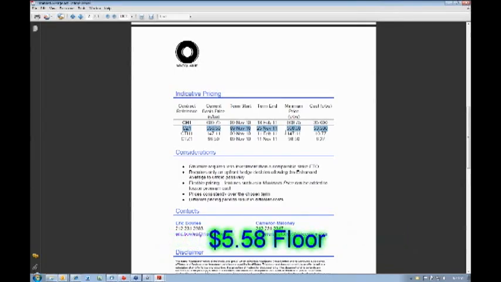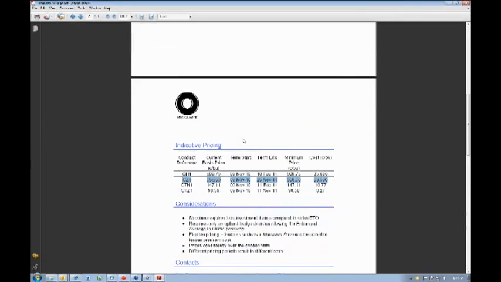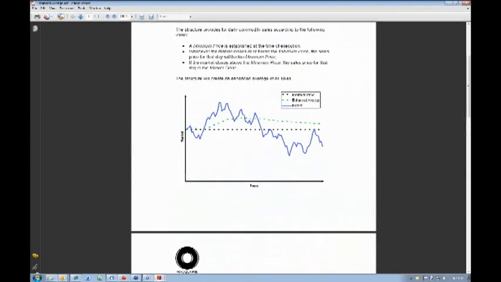So let's say he puts 1,000 bushels into this program, and let's just say there were 300 days in the pricing period. It's more than that here, but let's just say that to keep it simple. So he would price 3.33 bushels at the close every day. He would be given a sale of futures. So he would end up getting an average over that period of time and get settled out.